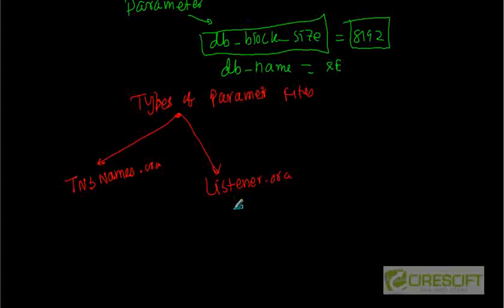By default it is always 1521, but if you go to listener.ora and change the parameter port equal to 1521 to 1523, then the next time you start your listener, it is going to listen on port 1523. Then another type, the most important file, is called the database parameter file.